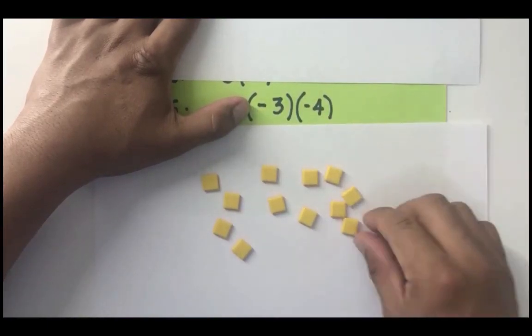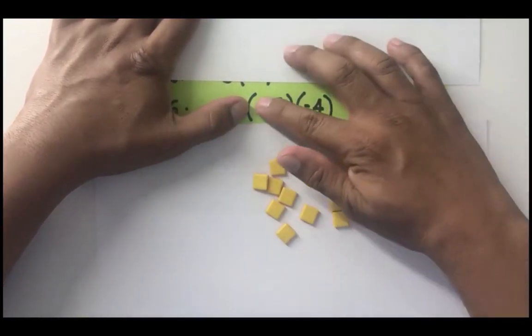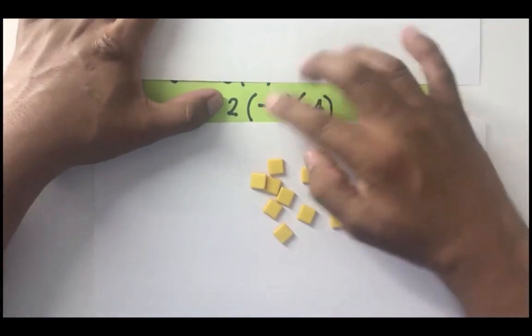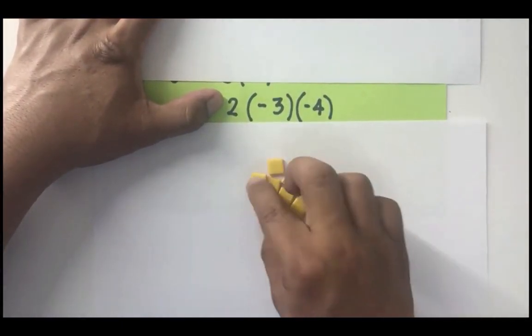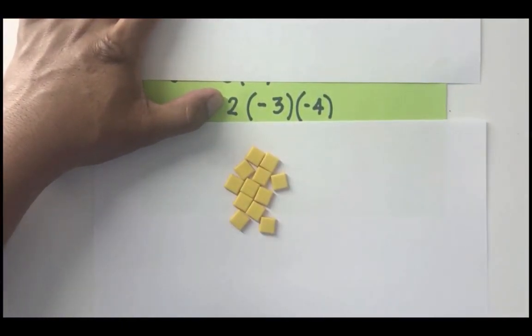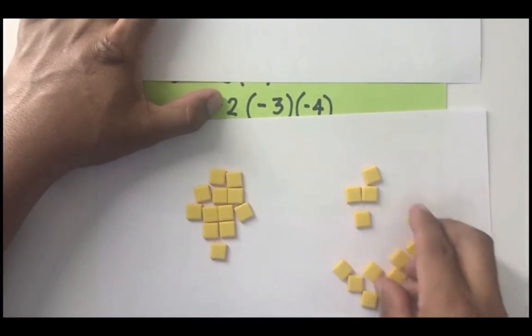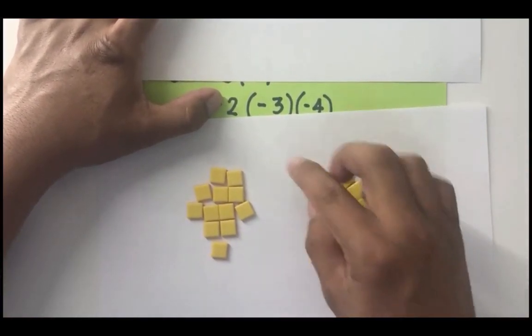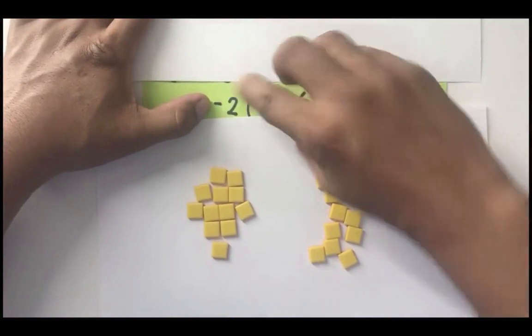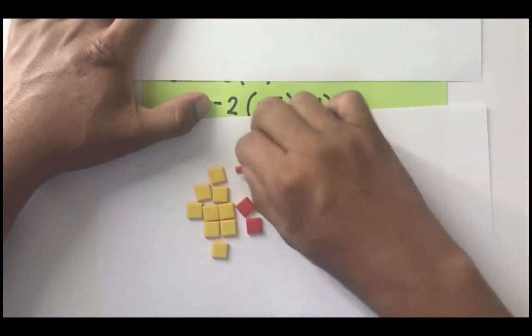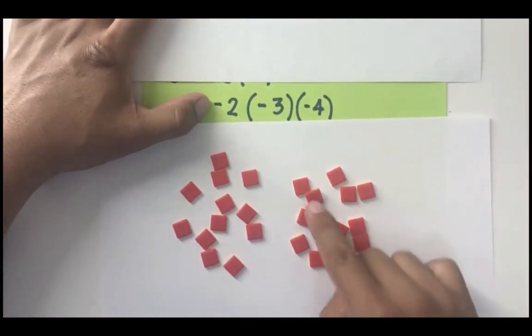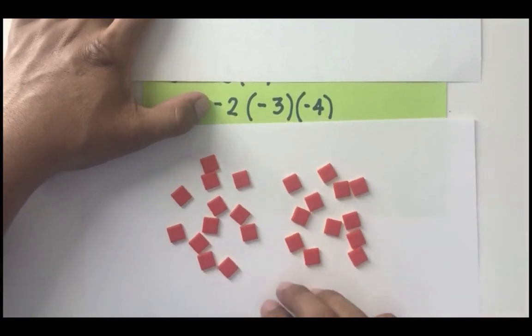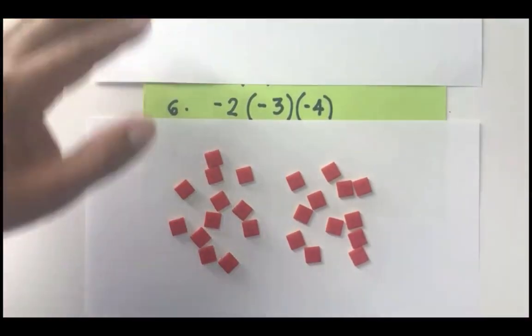So we now have positive 12. And then this one says 2 groups of this, so we need 2 groups of positive 12. But because of these negative signs, we're going to flip the sign over again. And so our final answer is negative 24.